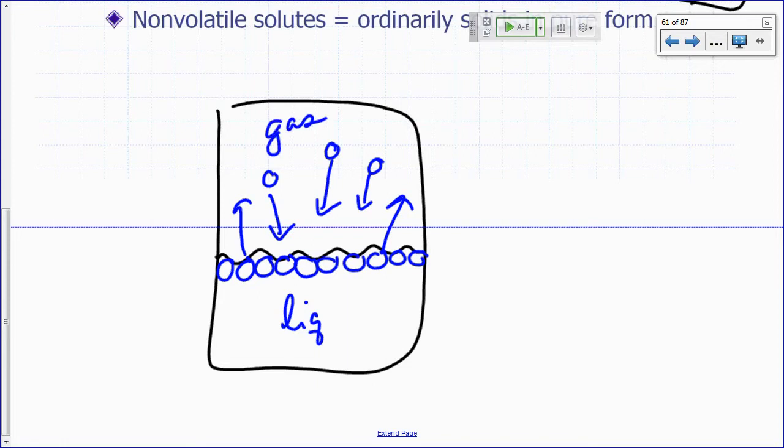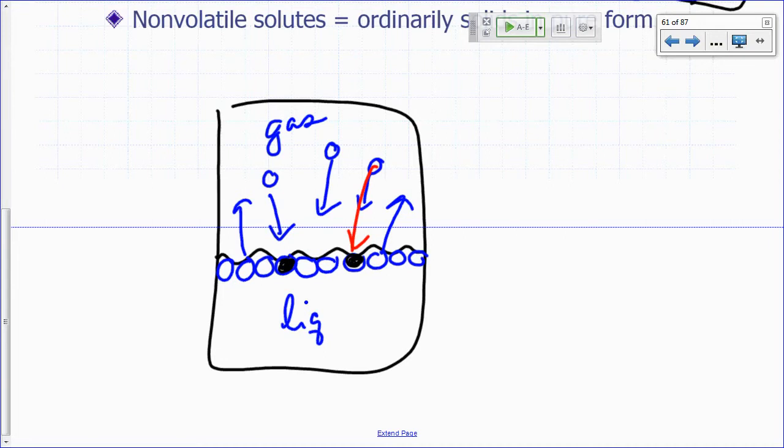What happens if you contaminate your liquid with a non-volatile solute? Let's say 2 out of these 10 molecules is not water anymore because you've contaminated it. Remember, in a solution, your solute is going to be spread out all over. So now 20% of your takeoff sites have been blocked. But the number of landing spots for molecules from the gas phase is the same.